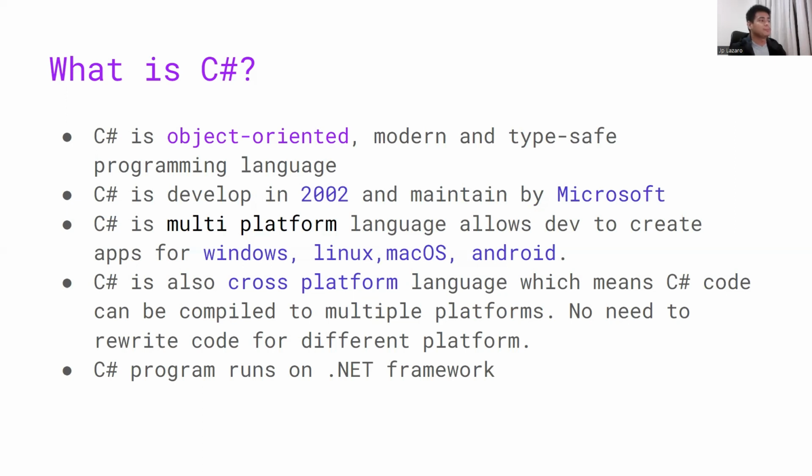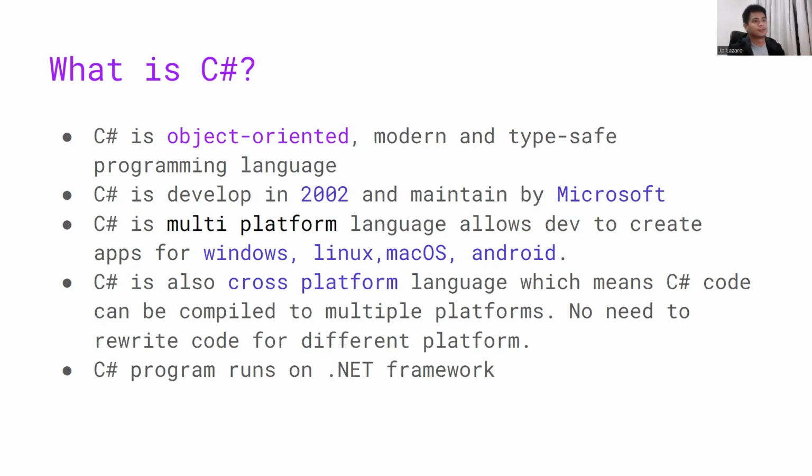Okay, and C Sharp is also a multi-platform language, no? Which means developers are allowed to create applications whether they're using Windows, Linux, or Mac OS, even Android. So any device you can use to build your own apps using C Sharp .NET. C Sharp is also cross-platform, meaning to say you don't need multiple code bases to create a multi-platform application.